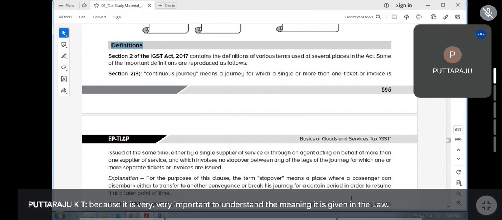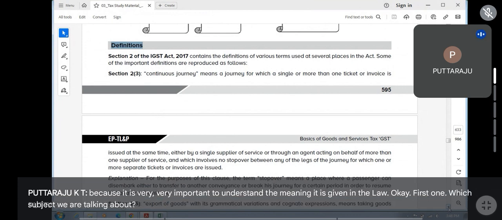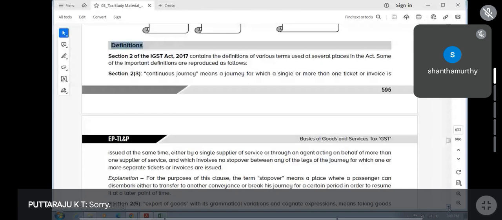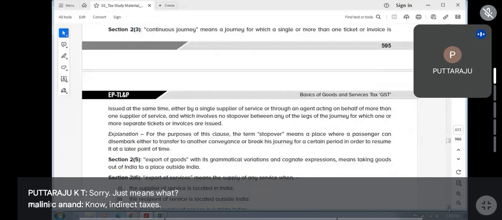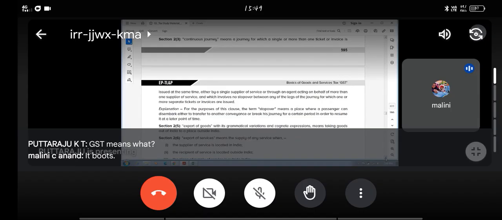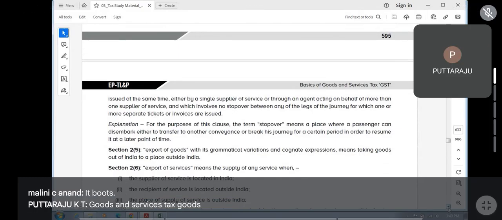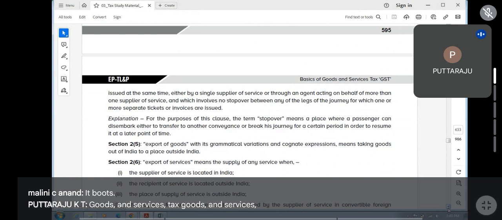Understand the meaning as it is given in the law. Okay, first one, which subject are we talking about? What is the subject name? GST. GST means what? Goods and services tax. Goods and services tax is an indirect tax.